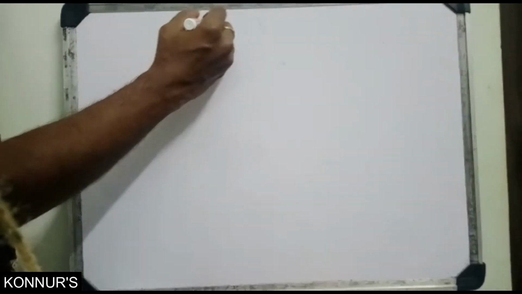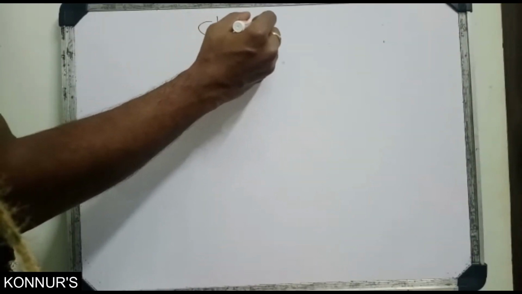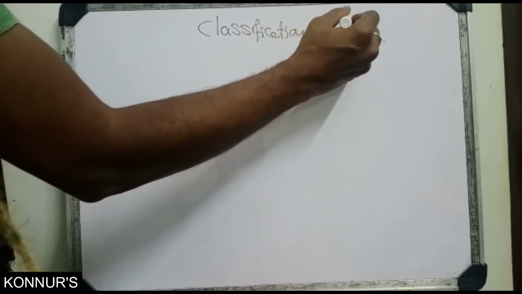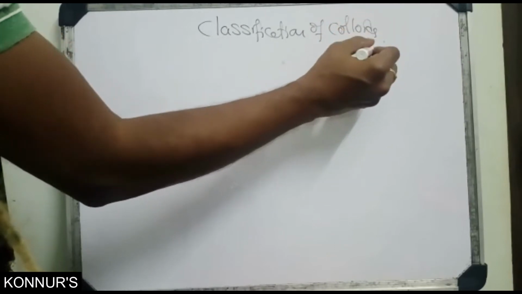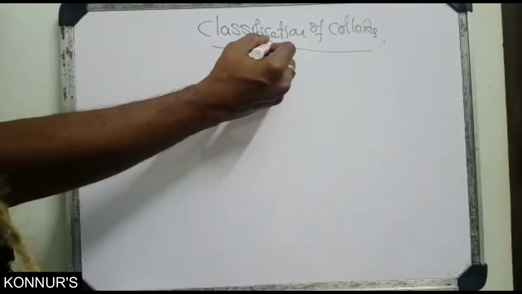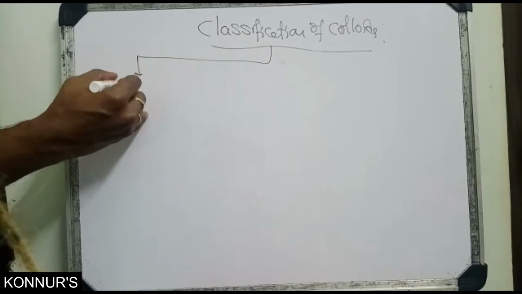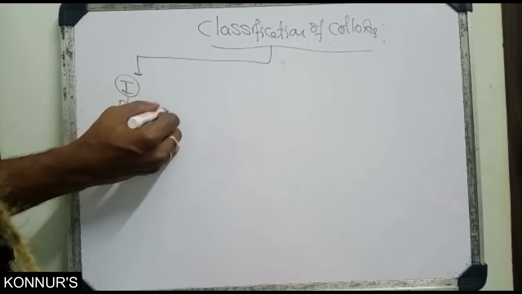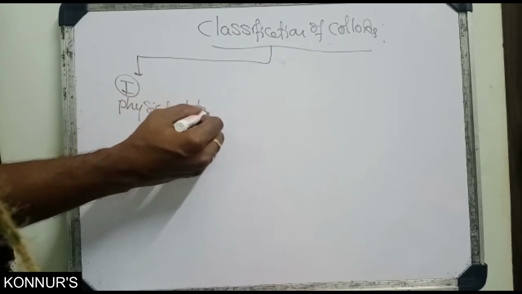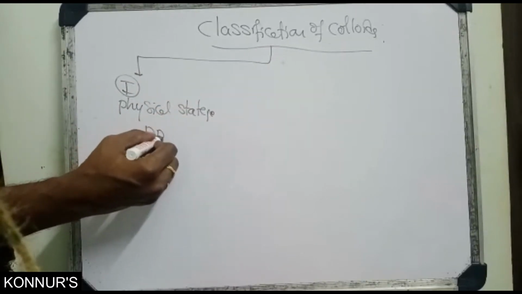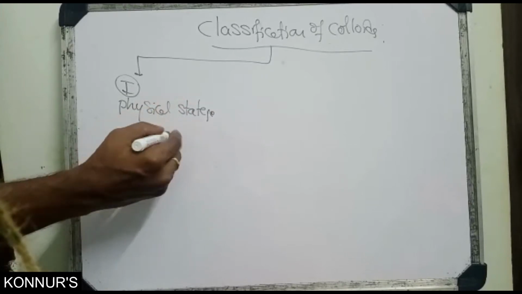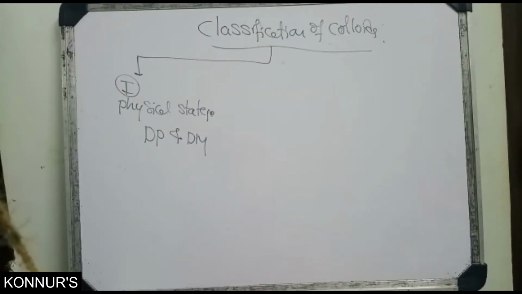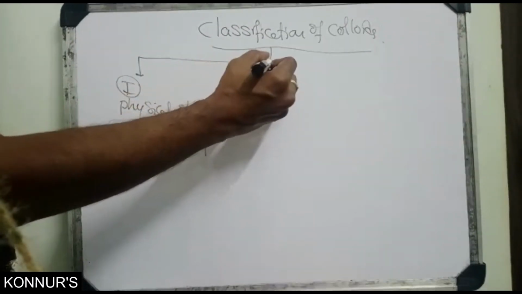Next, we will discuss the classification of colloids. How are colloids classified? One is the physical states of dispersion phase and dispersion medium.